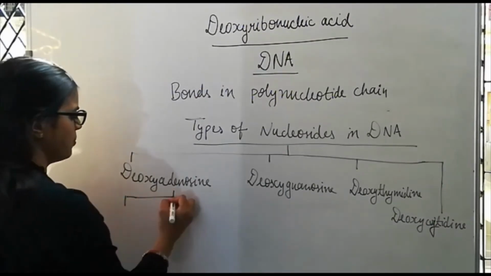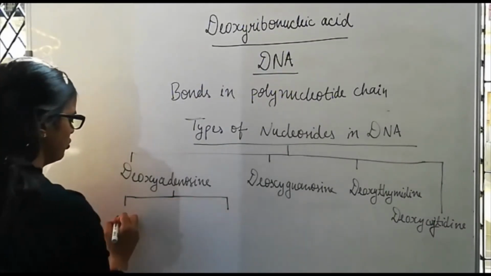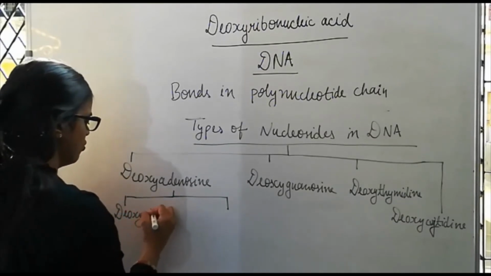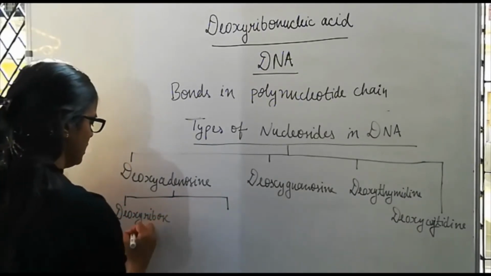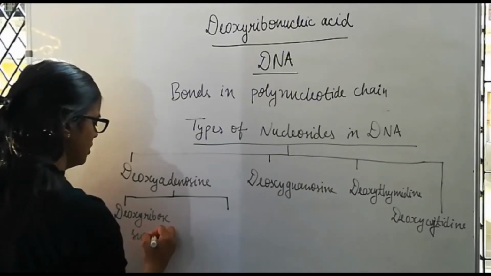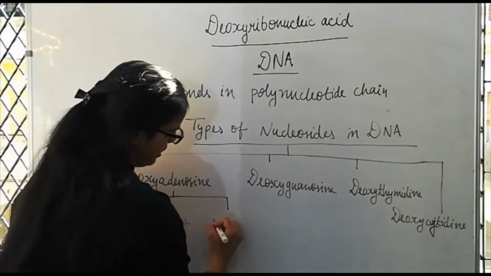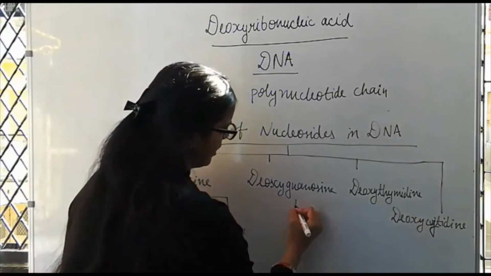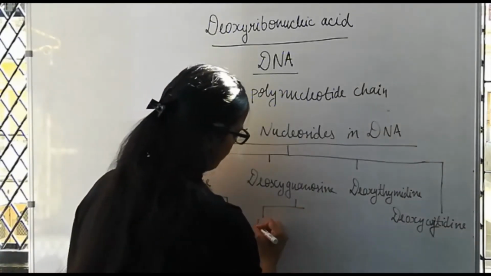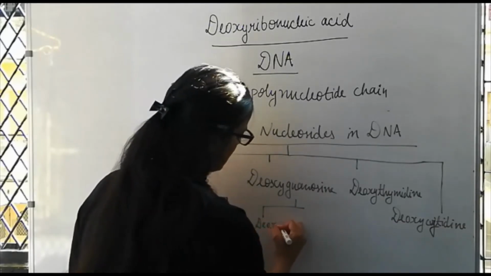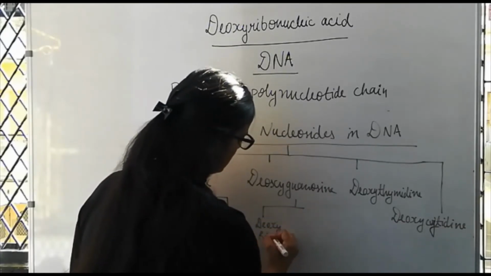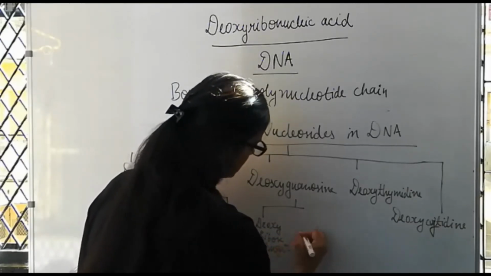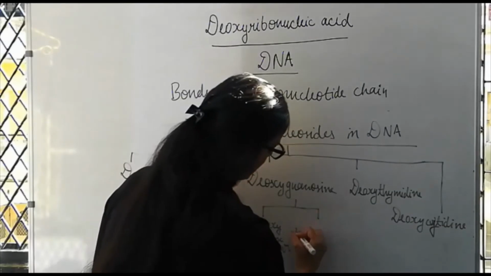Deoxyadenosine is made up of two molecules, that is deoxyribose sugar plus adenine. In the same way, deoxyguanosine is made up of deoxyribose sugar plus guanine.